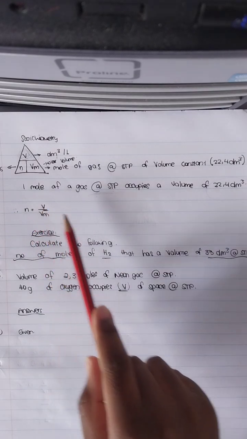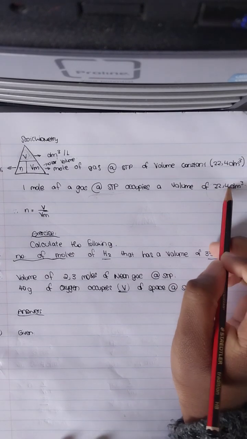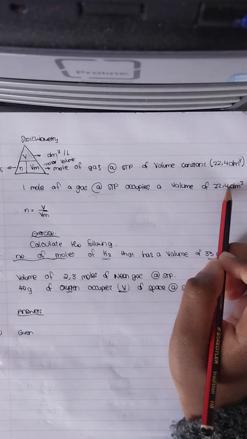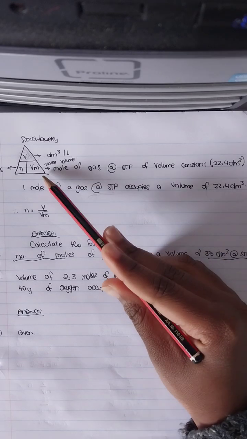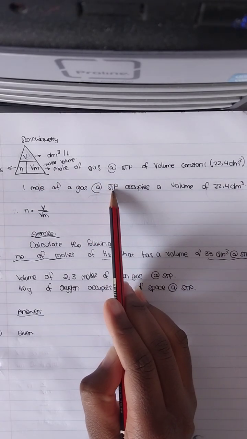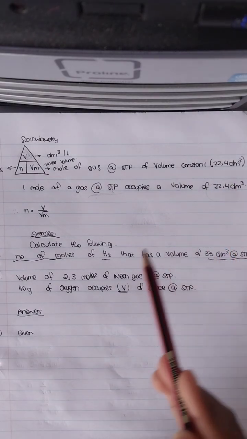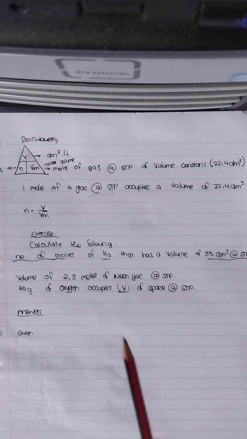That's why I say 1 mole of a gas at STP occupies a volume of 22.4 dm cubed. This is our constant of our molar volume only at STP. If it's not at STP, then it's not the constant, okay?